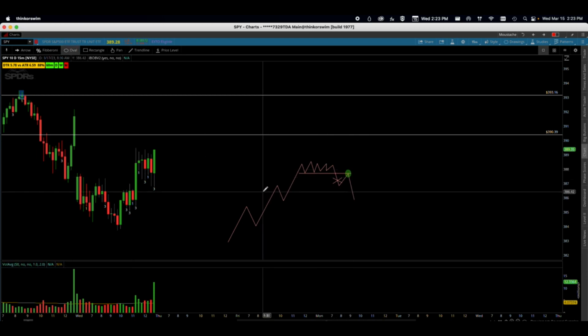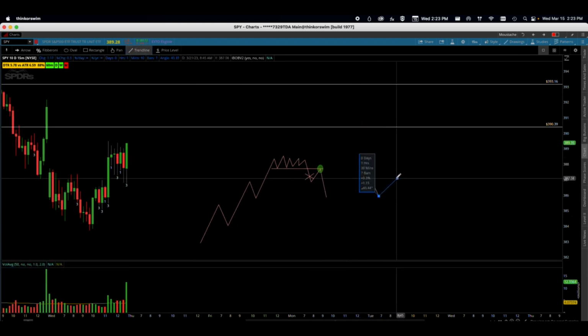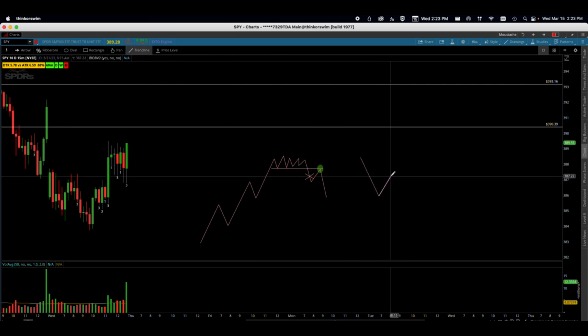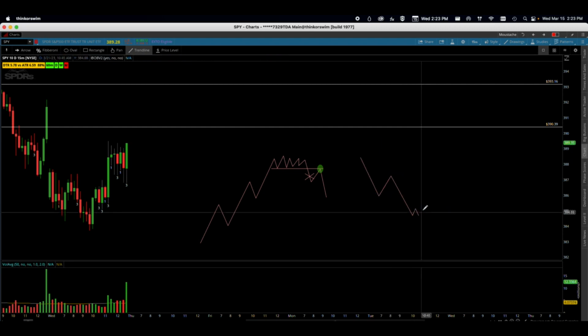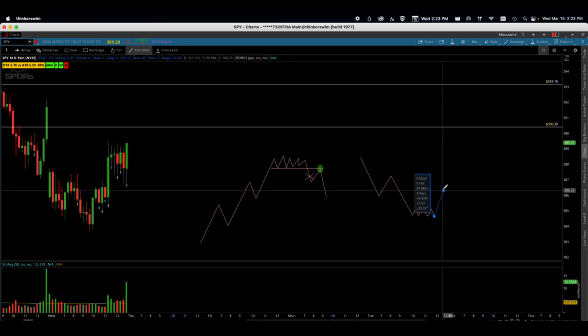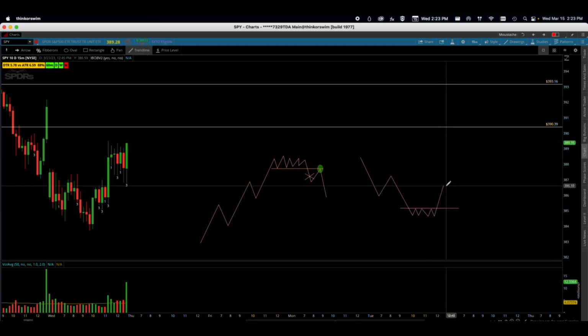So just draw this out on a piece of paper and then do the same for the opposite. Some consolidation. And then it breaks up past this obvious resistance or whatever you want to call it.